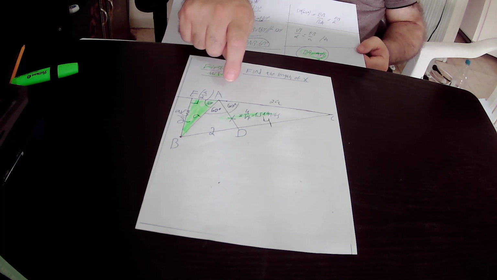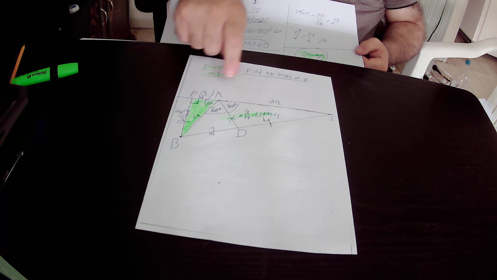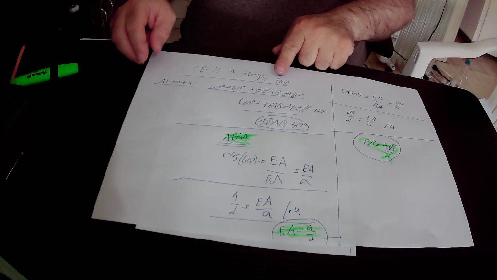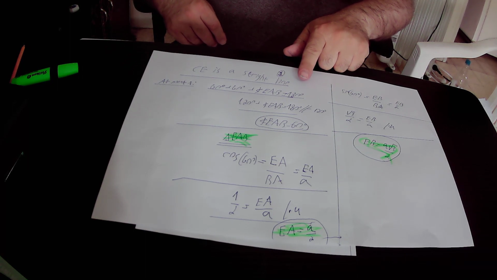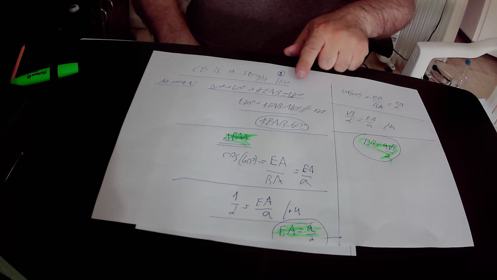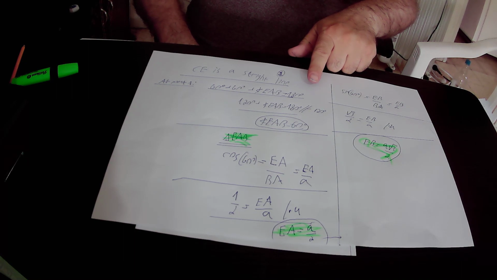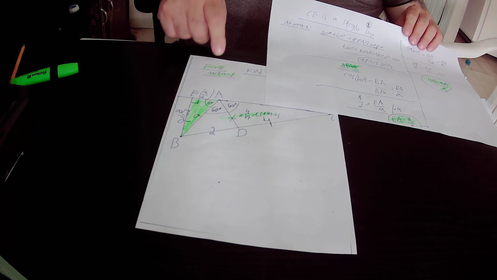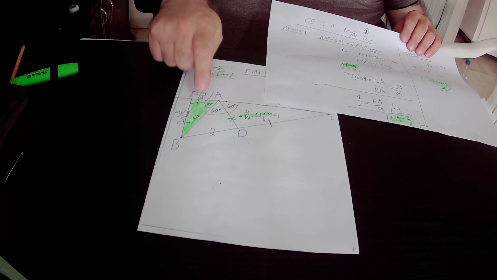We have 60 degrees plus 60 degrees plus angle EAB. 60 plus 60 is 120 degrees, so 120 degrees plus angle EAB must be equal to 180 degrees. We subtracted 120 degrees and found out that angle EAB equals 60 degrees.